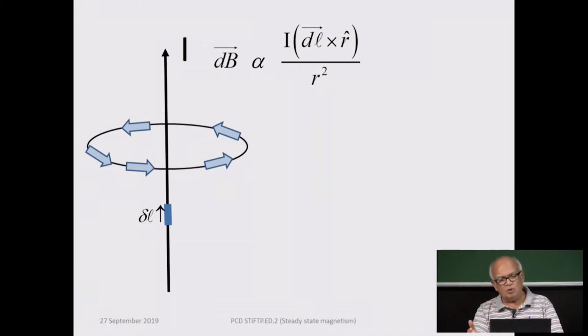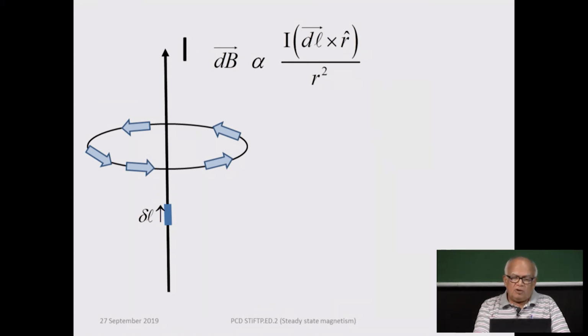It is also known from our experience with the electric intensities generated by linear charge distributions. So, you expect that the contribution to the magnetic field by this current element delta L will go as 1 over r square. It will of course be proportional to the current, because if you increase or decrease the current, it changes accordingly, linearly with that.